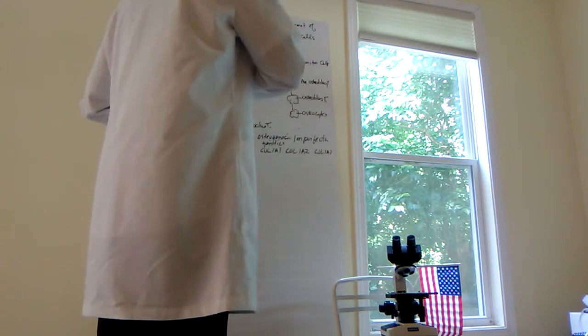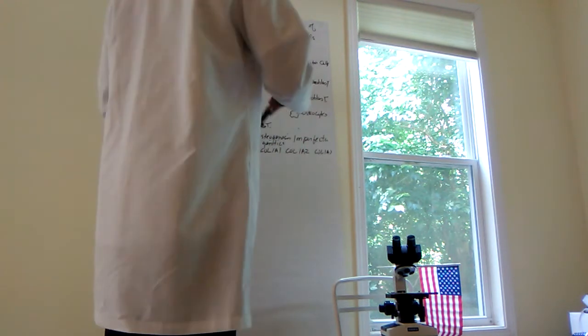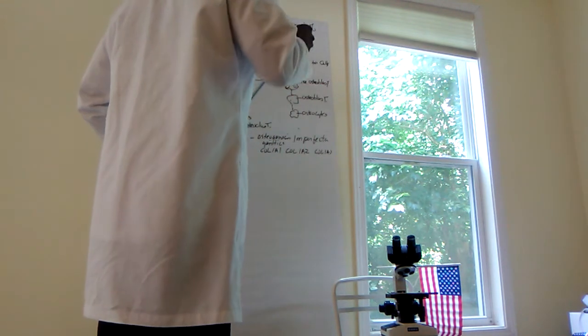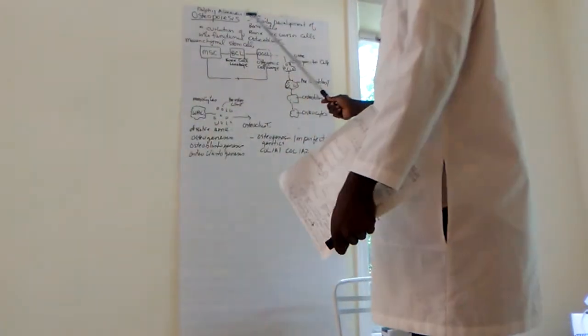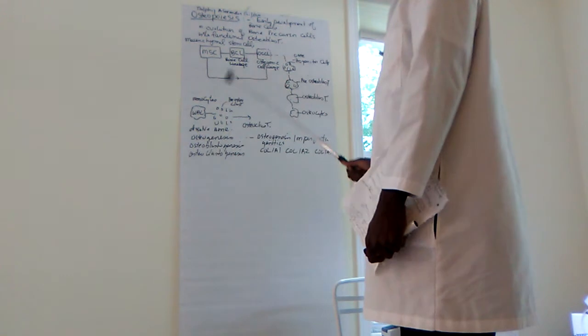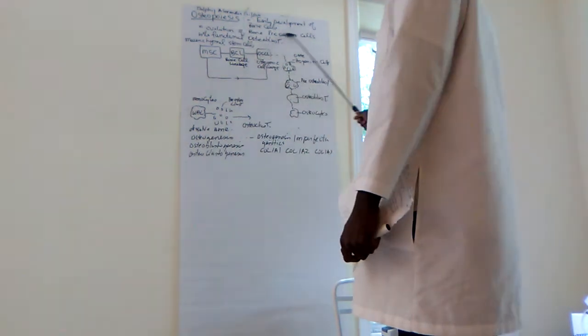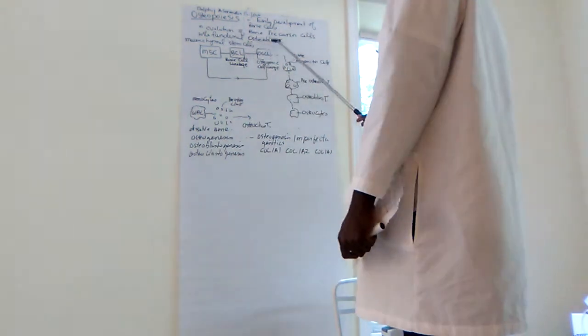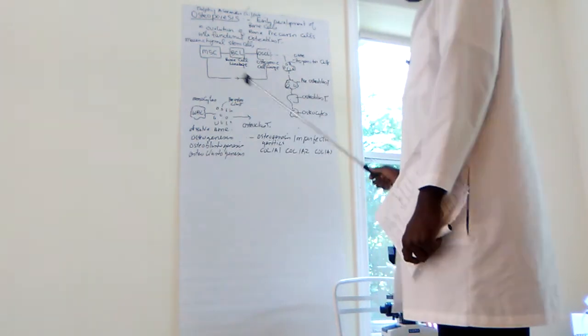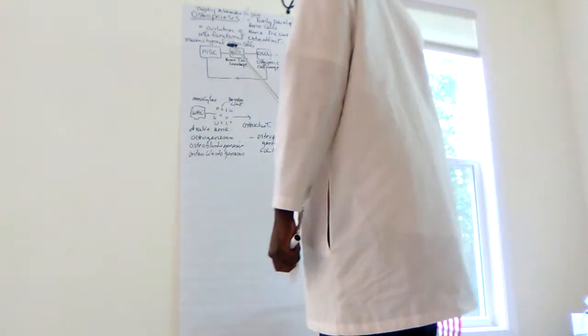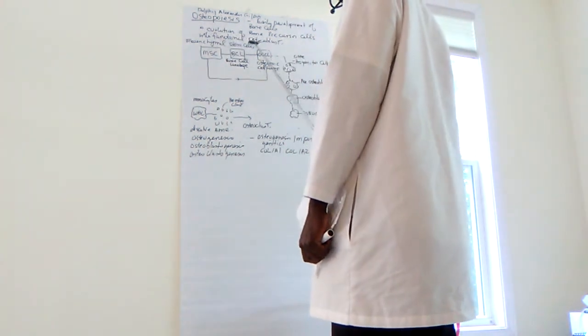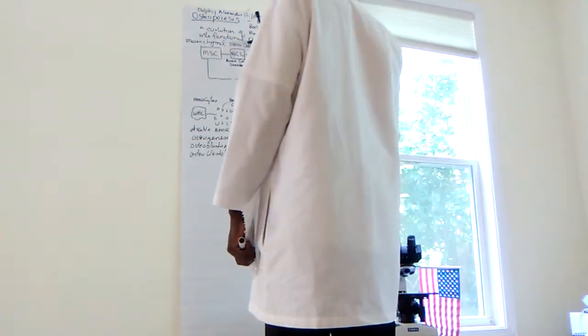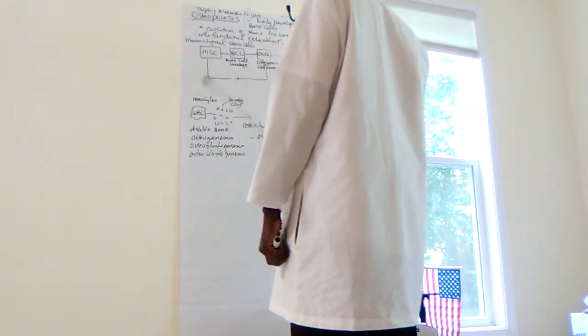So let's do a brief review of osteopoiesis. Osteopoiesis is the early development of bone cells or the evolution of bone precursor cells into functional osteoblasts. In the osteopoiesis process, we have mesenchymal stem cells, called MSC, which are the source of bone cell lineage.